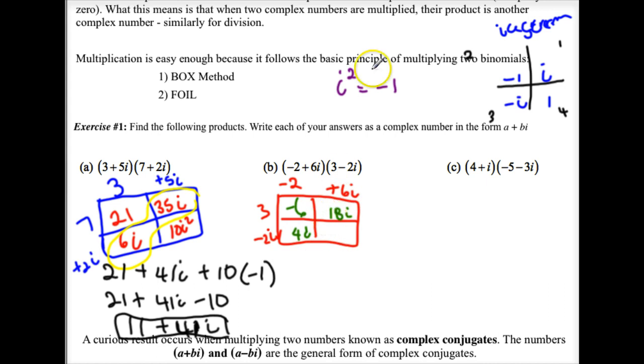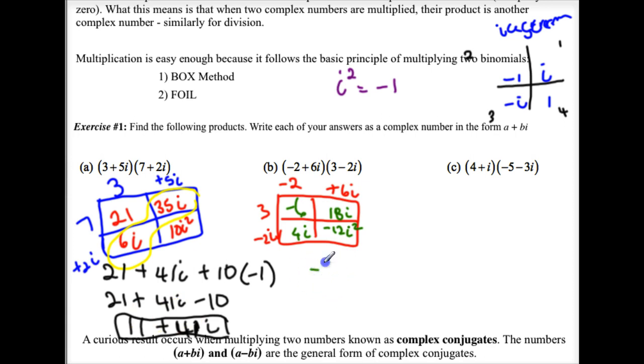This becomes 4i, why does that i look like that? This is an i. And then -2i times +6i is -12i squared. So I want to write this out.